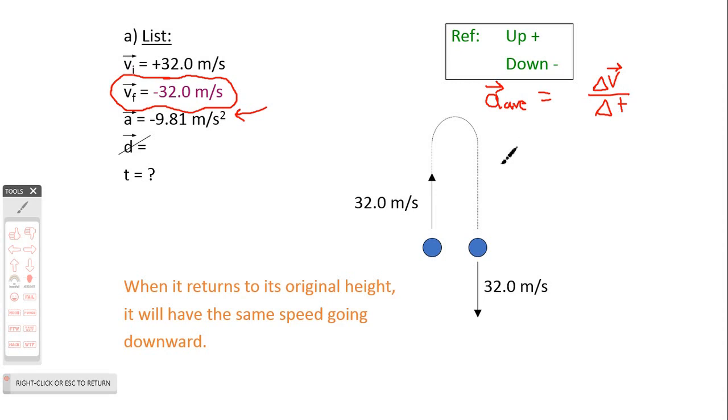And in this case, formula-wise, I have this formula that says average acceleration equals delta V over delta T. Remembering that delta V is really Vf minus Vi, acceleration, or at least average acceleration, is going to be Vf minus Vi over T.